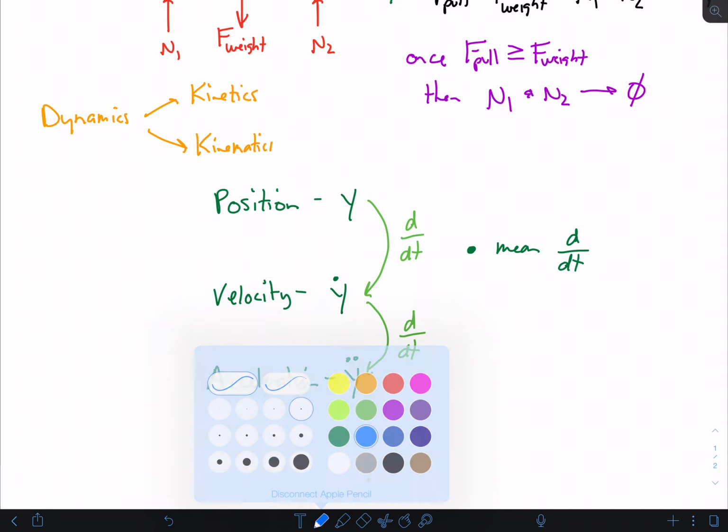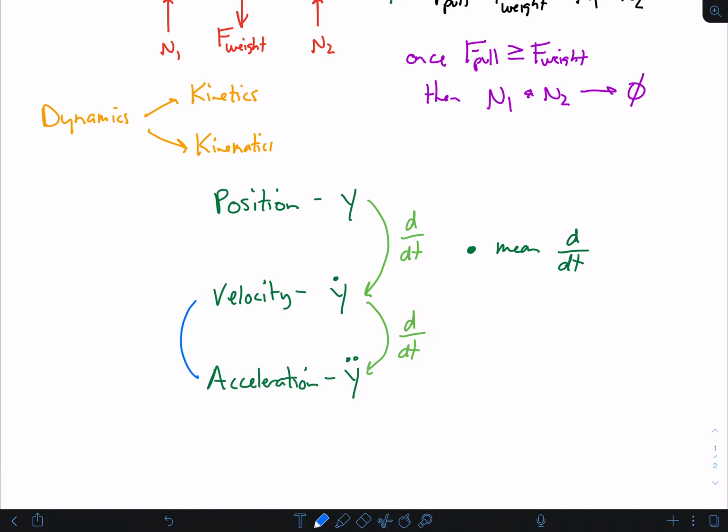On the other side of that, right, if you have acceleration and you want velocity, well, what do you have to do? You have to integrate it from t1 to t2, right? The integral is the opposite of derivative. Again, we can integrate it one more time from some time 1 to time 2. So this is our integrate side.